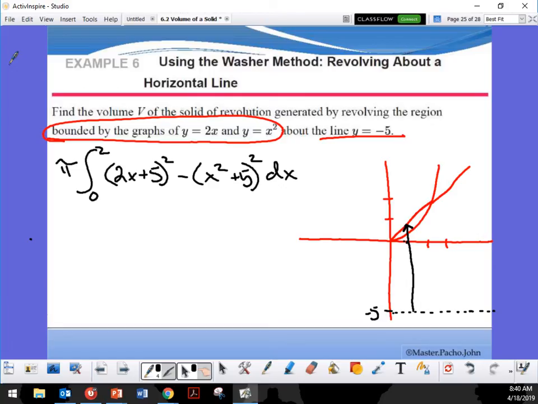It'd be minus because I'm taking off whatever my value is there. That'd be minus whatever that is, and then squared, then minus my other one, it would be 5 minus my inner function. If you sketch it, it makes so much more sense. Every single time, sketch it and draw out your radius. What if it came out negative? The answer, like negative 12 pi over 5.